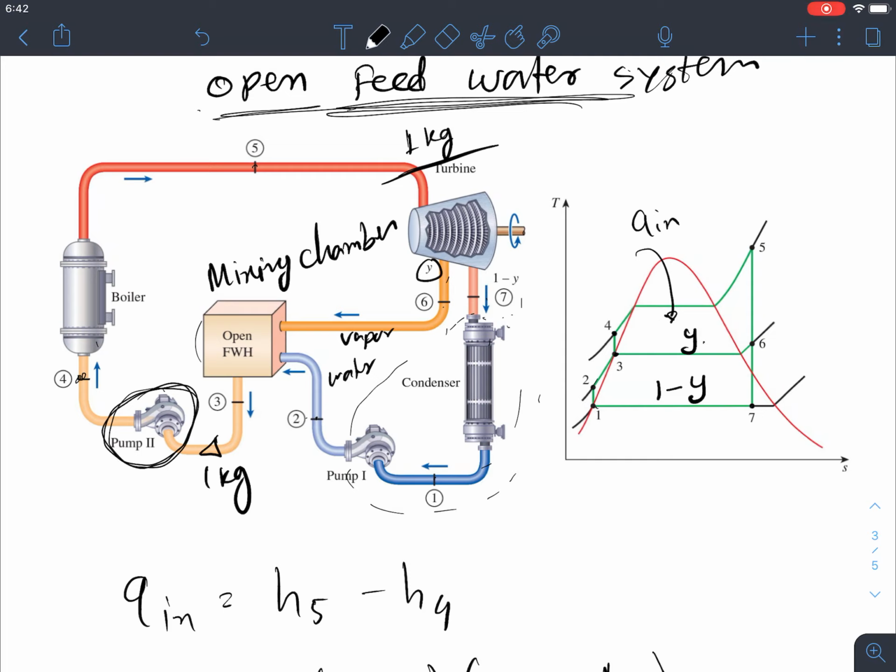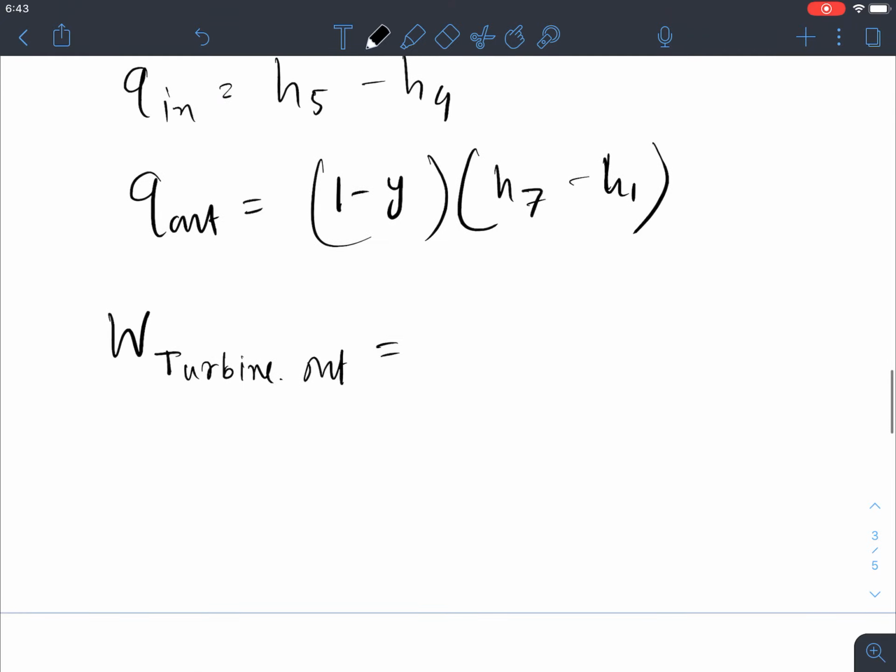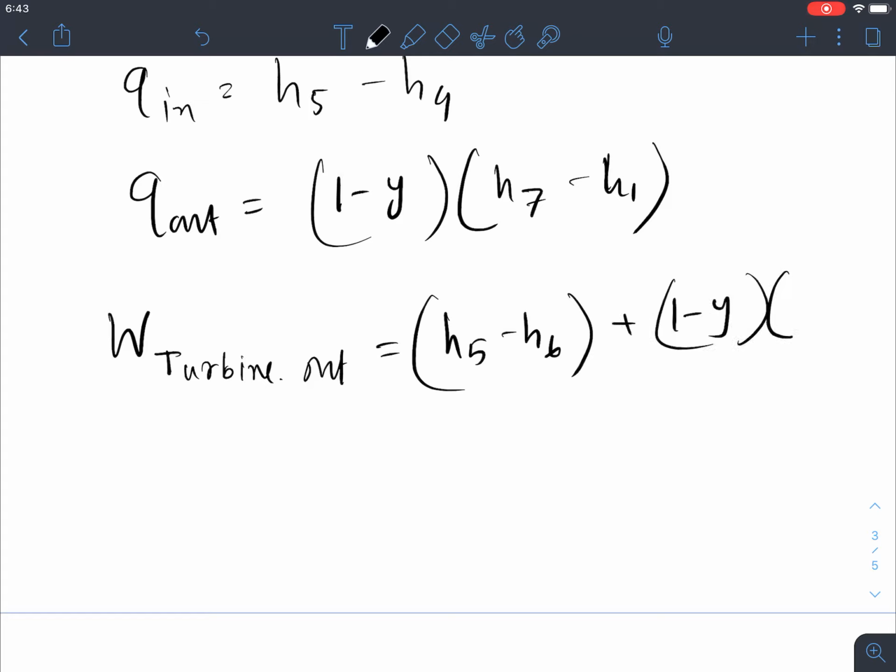However, we have 1 minus y amount of gas coming, which is H6 minus H7, right? So it will be H5 minus H6 plus 1 minus y times H6 minus H7.